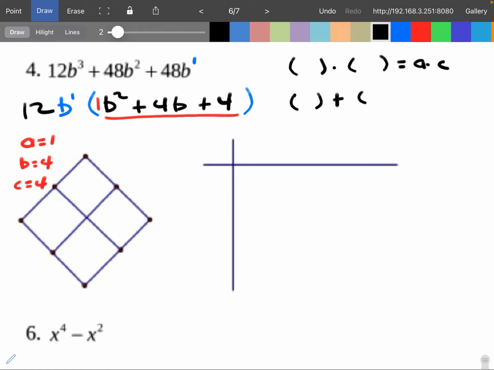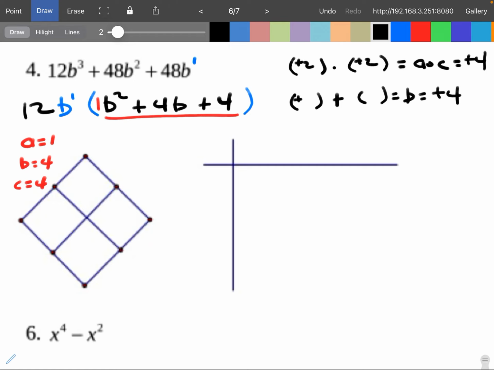So again, now we need two numbers that multiply to a times c, where the same two numbers add up to b. So a times c on this one is 1 times 4. So that's just a positive 4. And then b on this one is a positive 4 also.